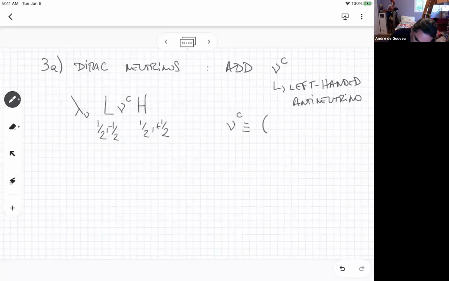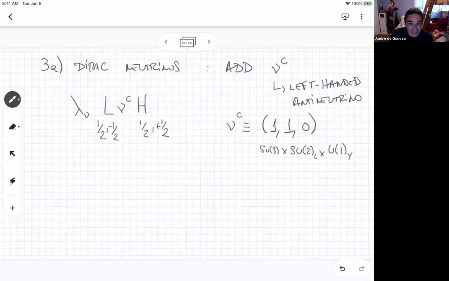So it doesn't have any color. It doesn't have any SU2, and it doesn't have any hypercharge. So again, this is SU3 cross SU2 left cross U1 hypercharge. So that's it. So that's a very simple way of giving the neutrinos a mass.